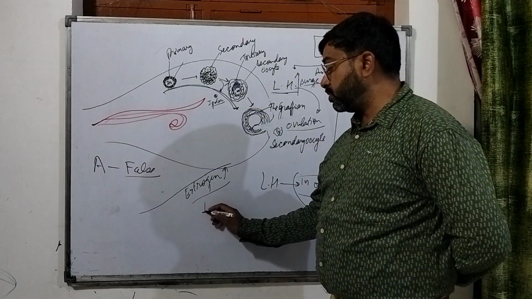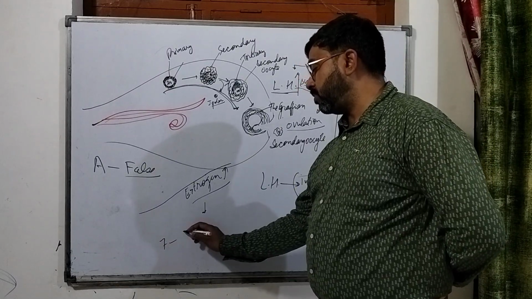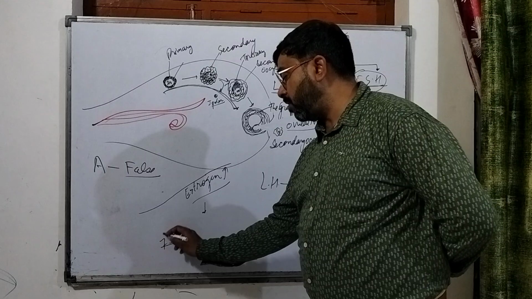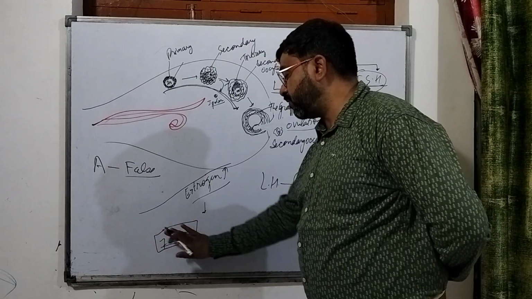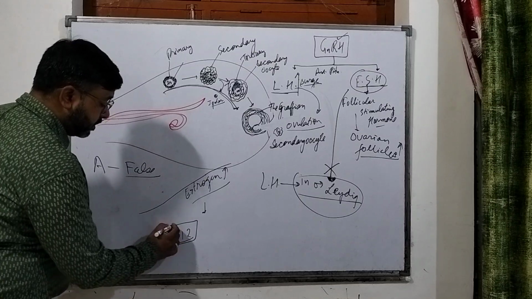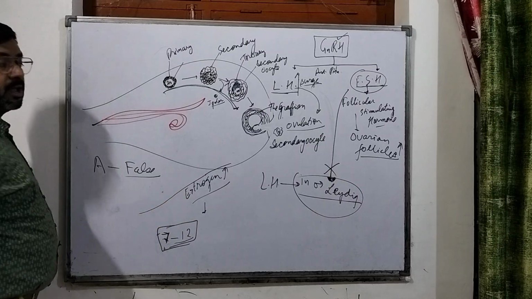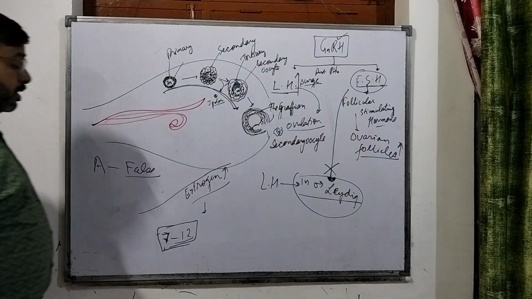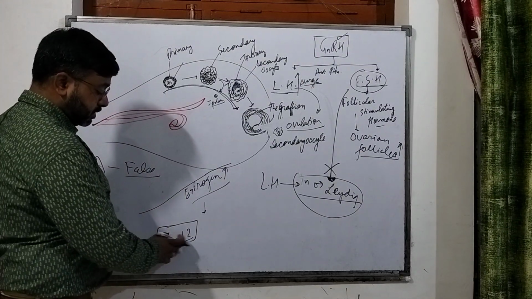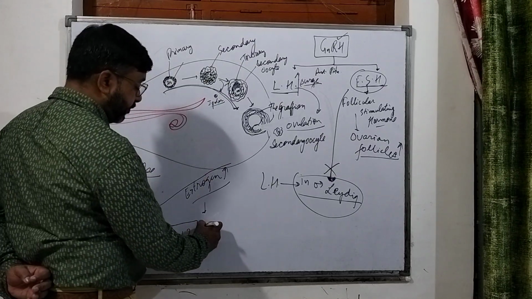During around 7 to 12 days of the menses, when there is a rise in estrogen, it will induce the growth of the uterus. So it is accounted as the proliferative phase.